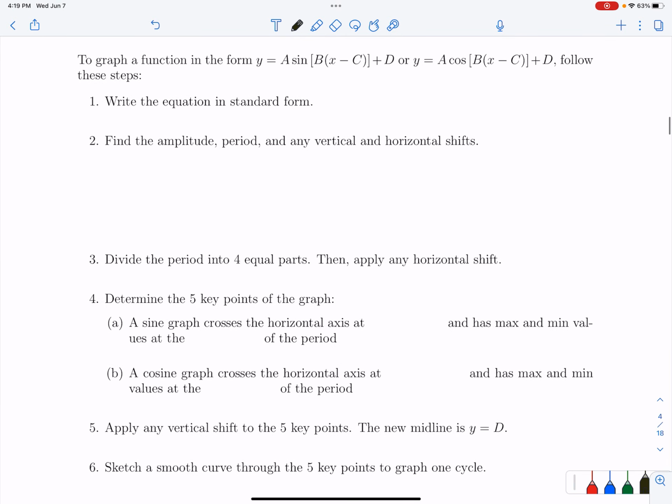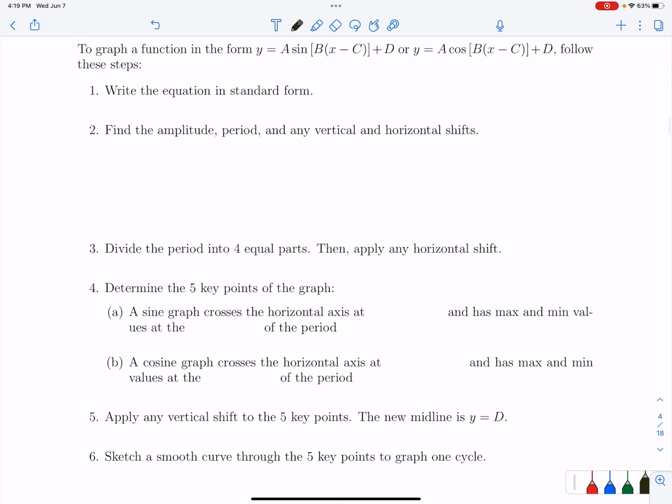And here are the steps we're going to do to go ahead and graph one of these functions. So we want to write the equation in standard form, and both of these are those equations in standard form, and we'll see how we can get to that. We have an A value, B, C, and D, and that corresponds to all of the shifts, any sort of transformation that happens.